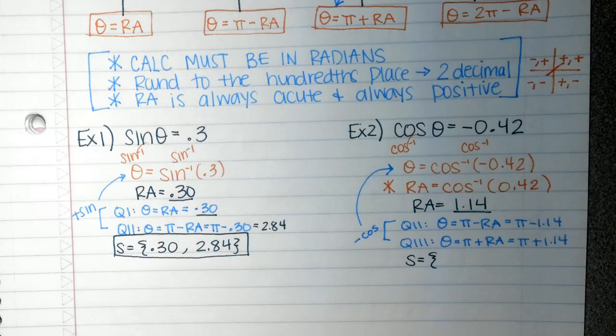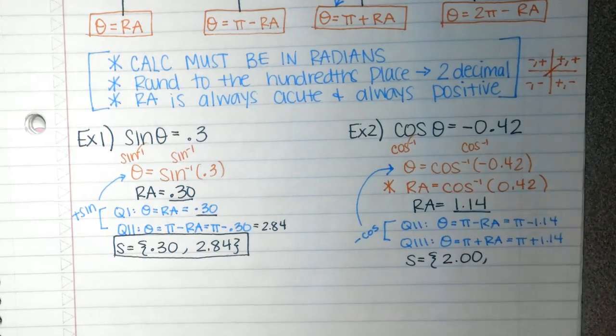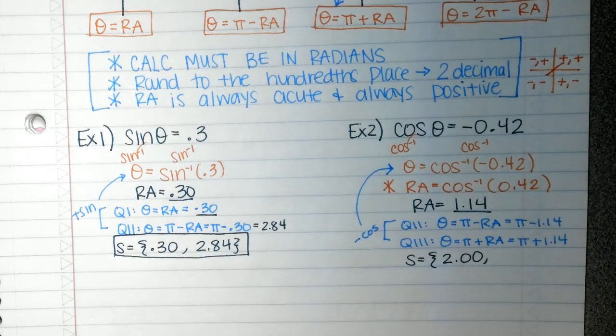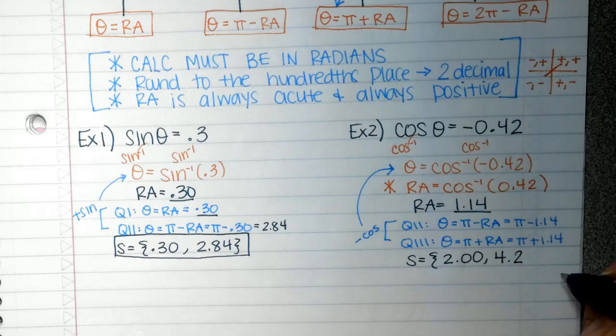What do we get? 2.00. Please make sure you write both zeros. That lets me know you rounded and it wasn't a perfect answer. And 4.228.